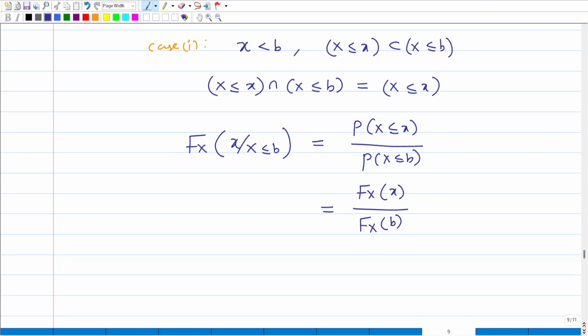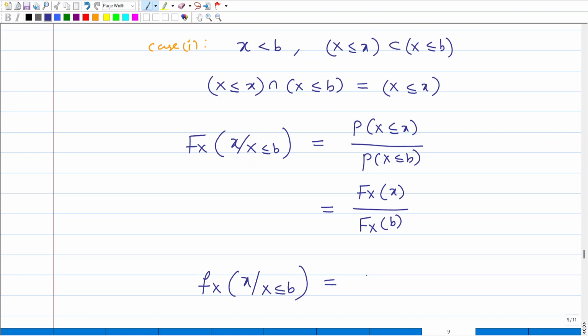Okay, now let us see what is small fx of x given x less than or equal to b. This is a conditional density function. How do we obtain the conditional density function?